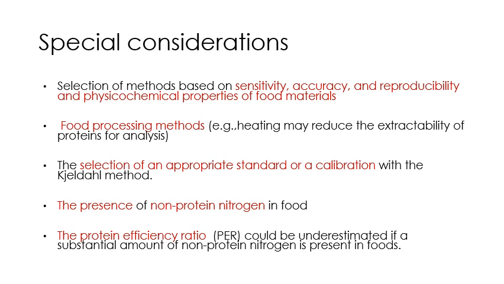Selection of appropriate standards or calibration is required for Kjeldahl methods. You also need to take into consideration that in the food sample, there may be non-protein nitrogen. This will overestimate protein if you analyze using Kjeldahl and Dumas methods. Protein efficiency ratio could be underestimated if a substantial amount of non-protein nitrogen is present in food.